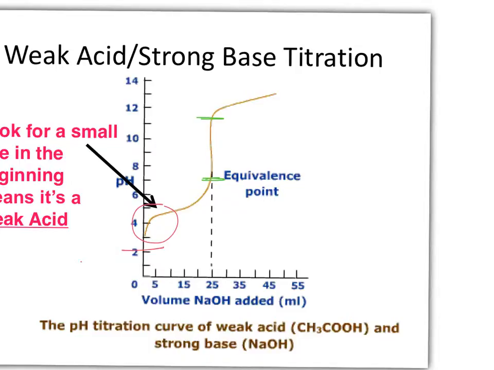It is the midpoint of the vertical line. So what is the pH of the midpoint of the vertical line? 9. Why would you have a pH of 9 in this particular titration? It's a strong base versus a weak acid. It's easy. You just got to hear it and see it to figure it out.